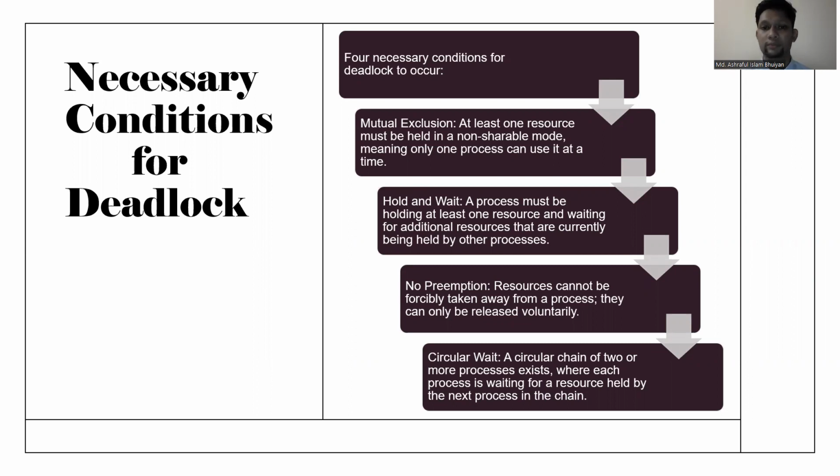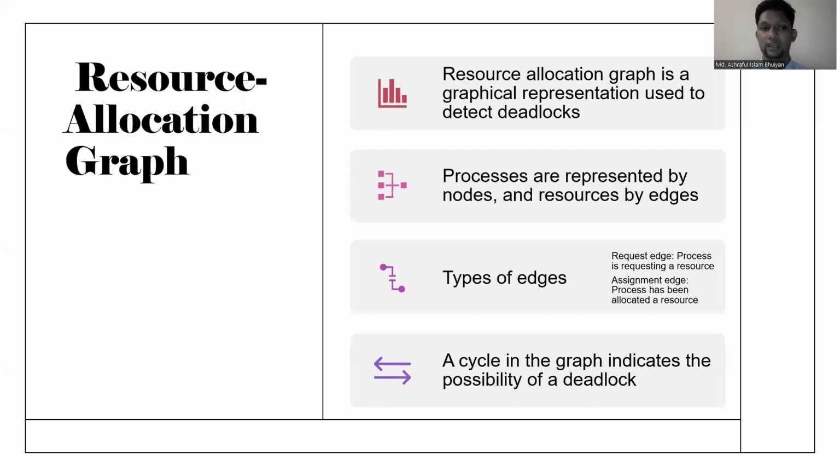Second, hold and wait. A process must be holding at least one resource and waiting for additional resources that are currently being held by another process. Non-preemption. Resources cannot be taken from a process. They can only be released voluntarily. Circular wait. A circular chain of two or more processes exists where each process is waiting for a resource held by the next process in the chain.